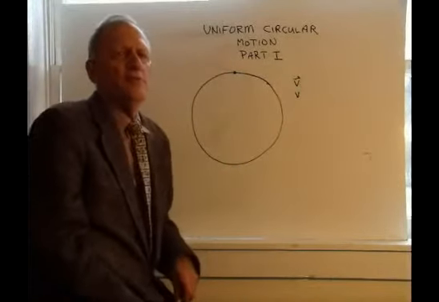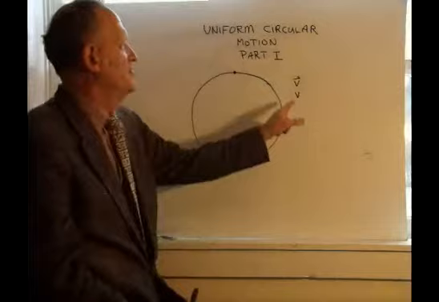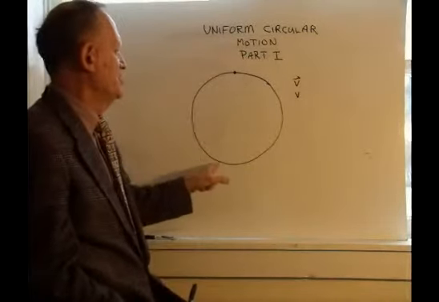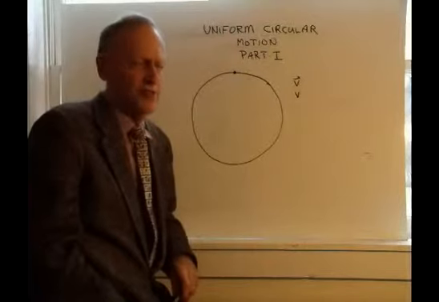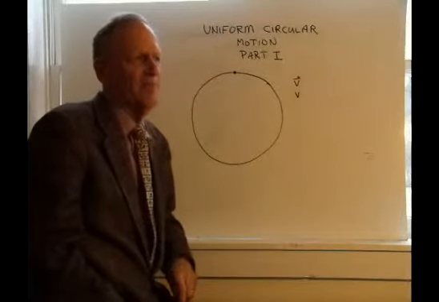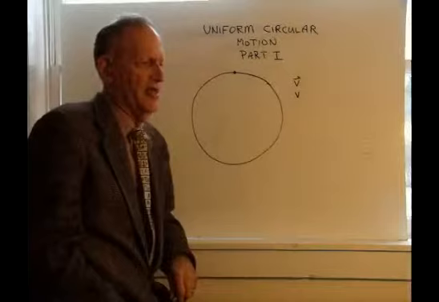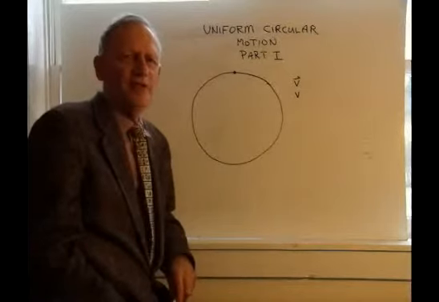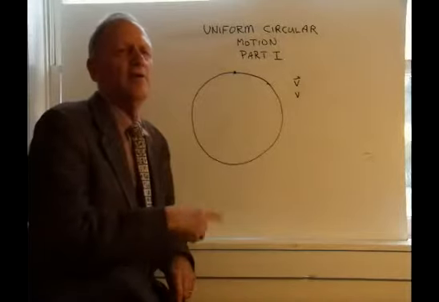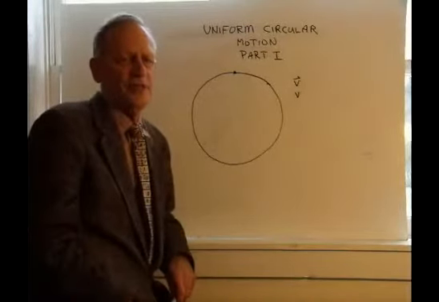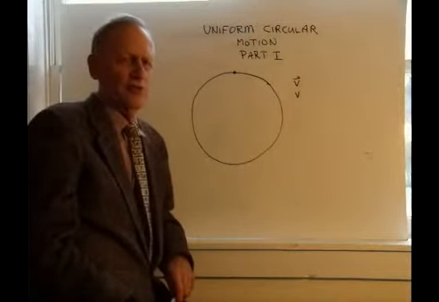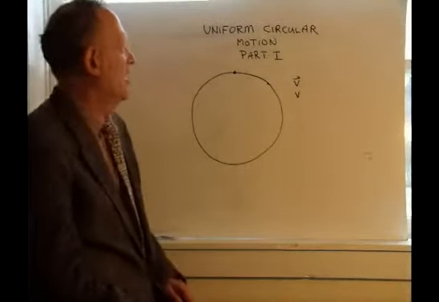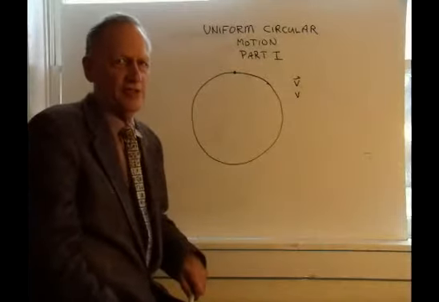Now, in uniform circular motion, the speed itself taken at any particular point in the circle does not change. It's sort of a definition of that type of motion, and there are many experiences we have of it, such as if you're on a merry-go-round that has reached a constant velocity. That's a good example of circular motion, and there are many others. So this has a lot of practical applications.